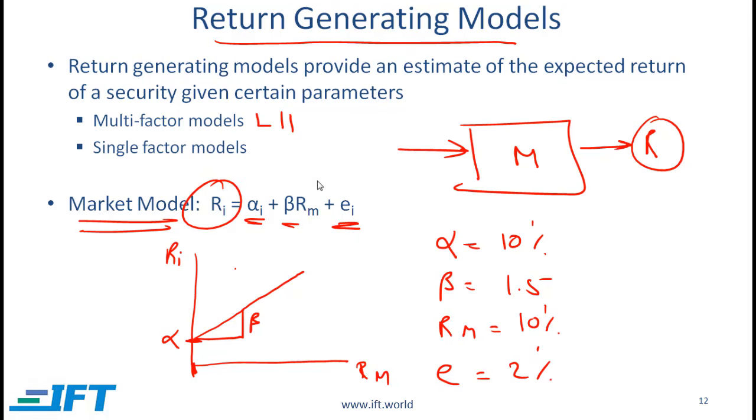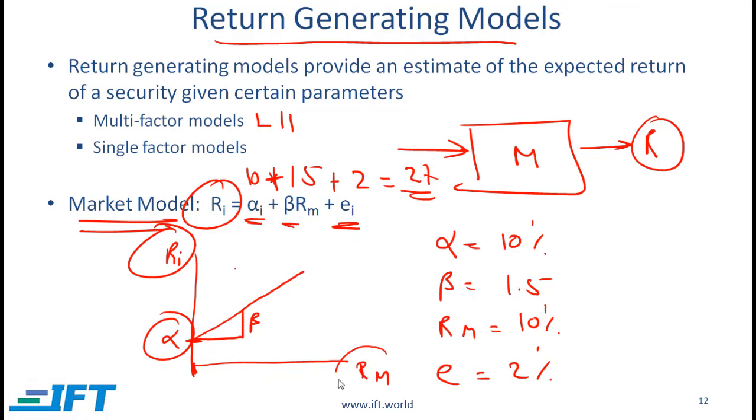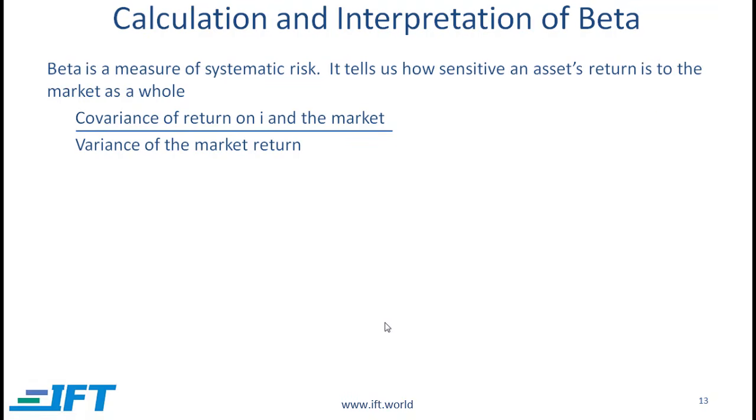Alpha is 10 plus beta 1.5 times Rm, that gives us 15, so here we will have 25 plus E, which is 2, so 27. Again, the key point is to recognize that alpha is the intercept, beta is the slope, and we are plotting Ri against the return on the market.